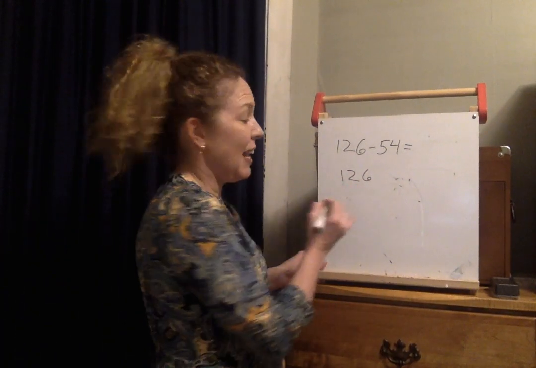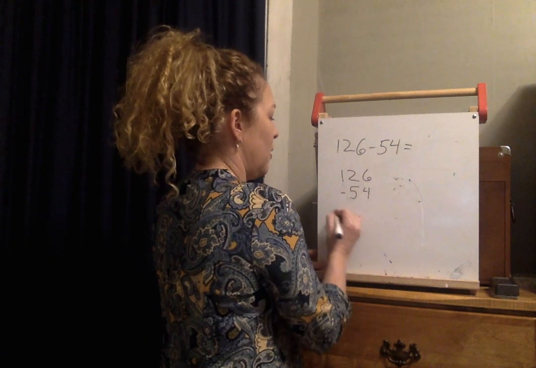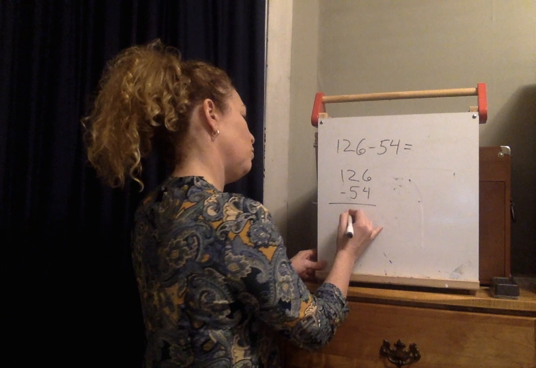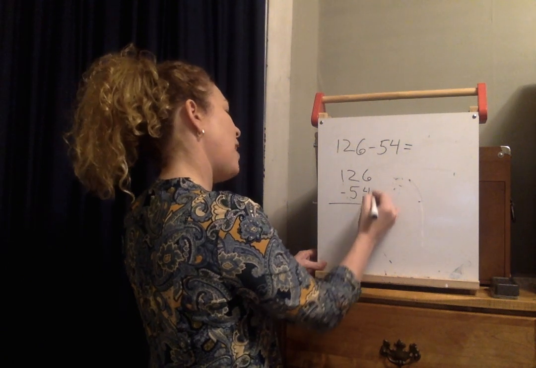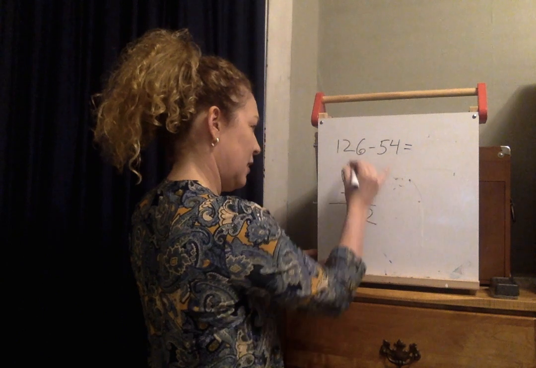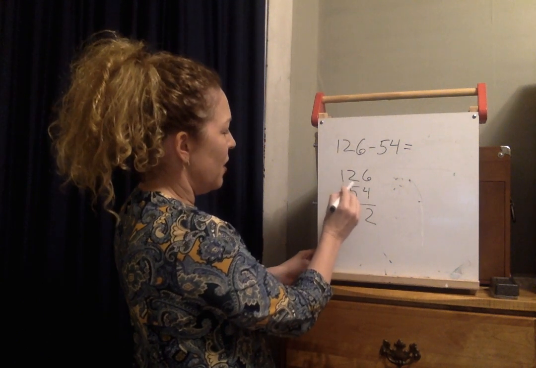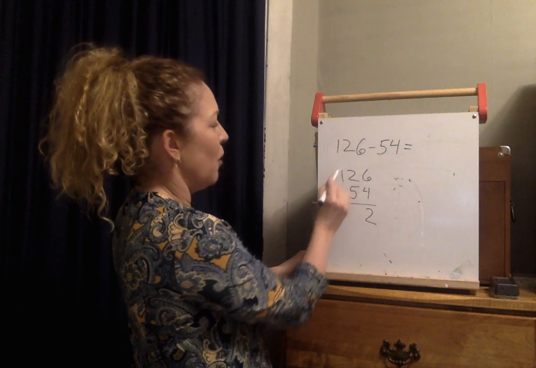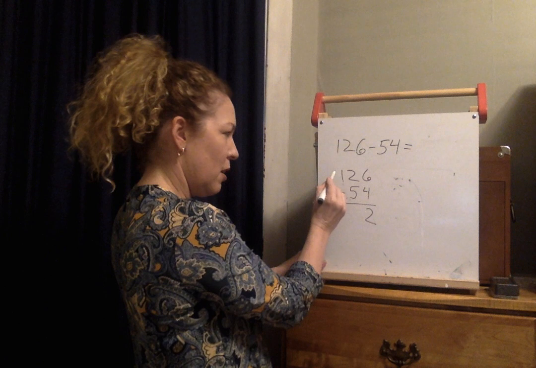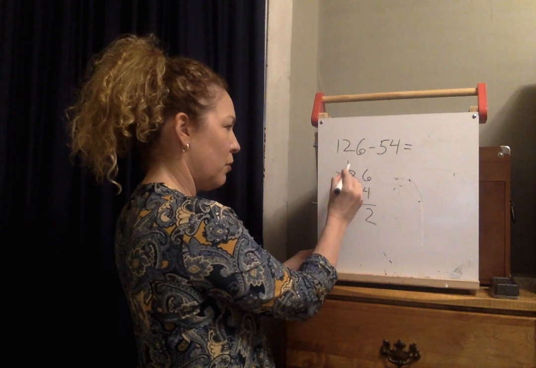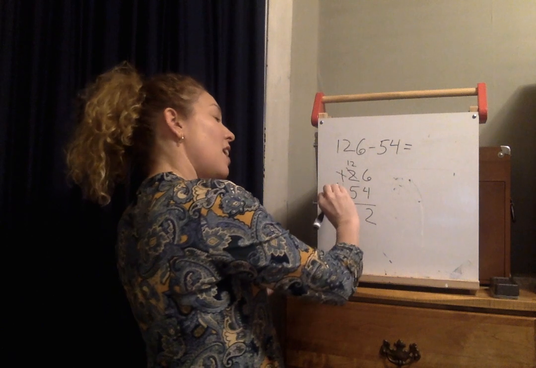I'm going to do it with an algorithm, and I may or may not make a mistake. Oh, this is easy because I don't have enough in my tens place, so I'm going to borrow from the hundreds place. It's already there, but I'm going to get into the habit of going ahead and taking my 100.